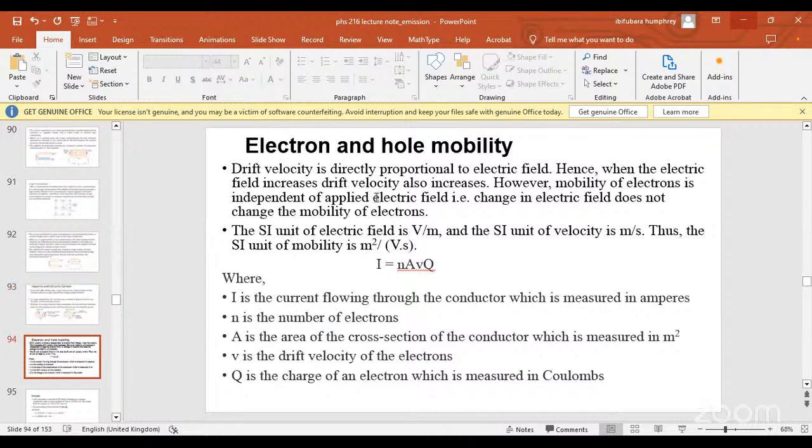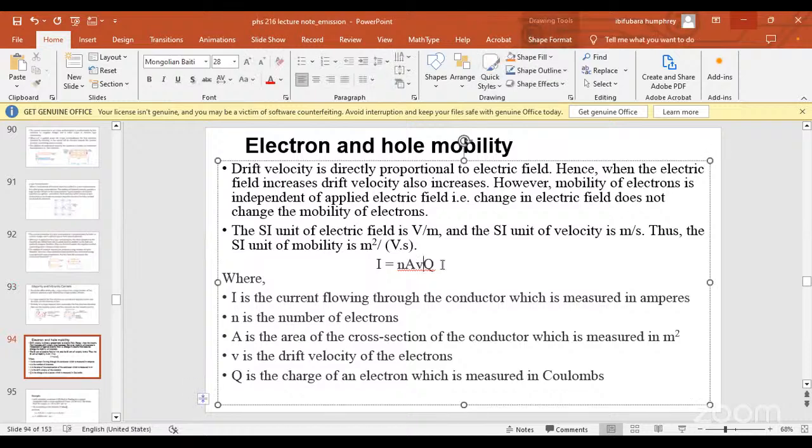And then we talked about electron mobility last week, and I gave this formula. I said E instead of Q. I prefer E, where E is the electron charge, which is a constant.